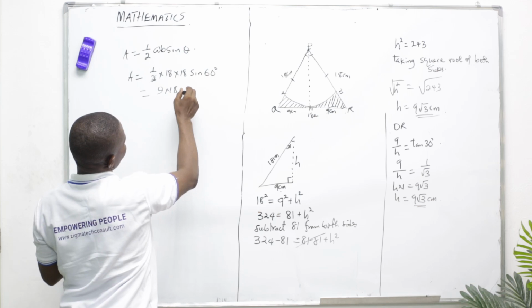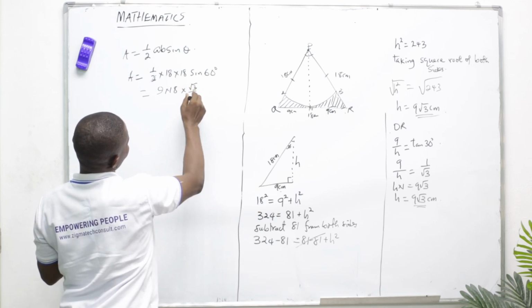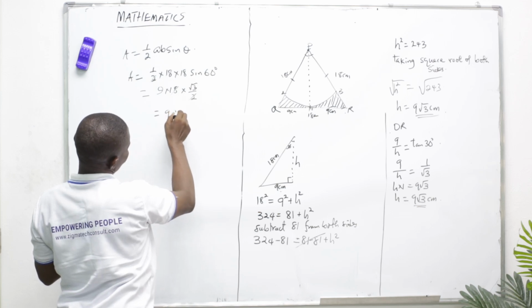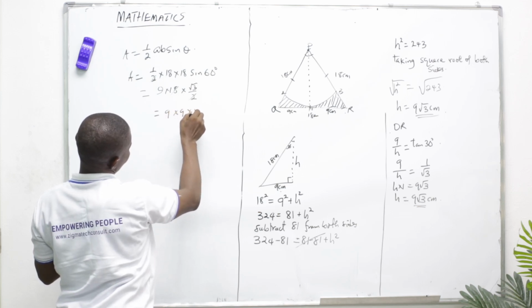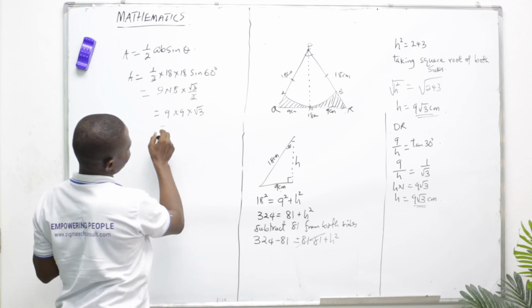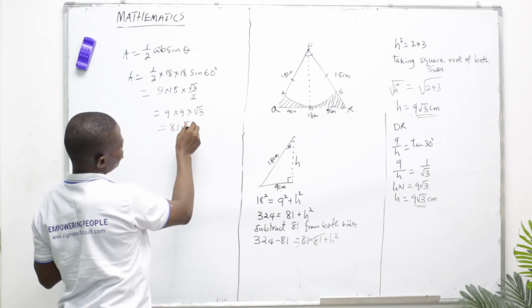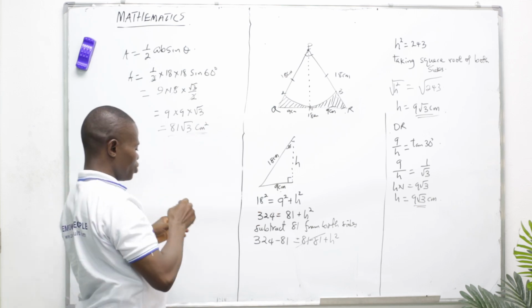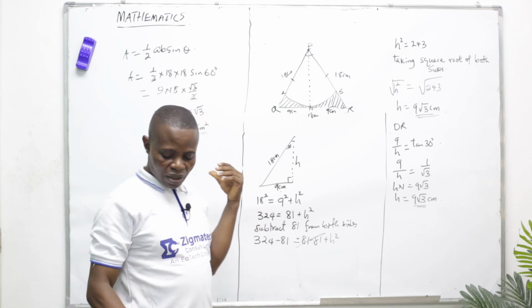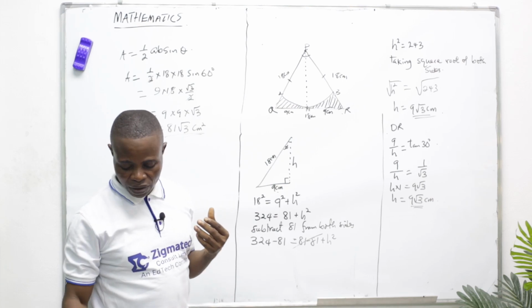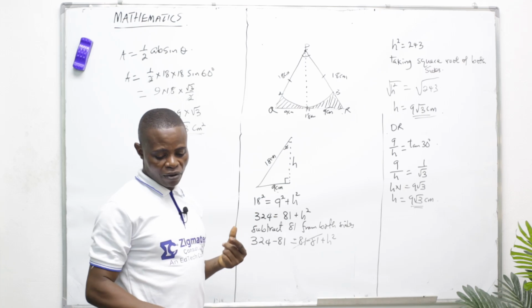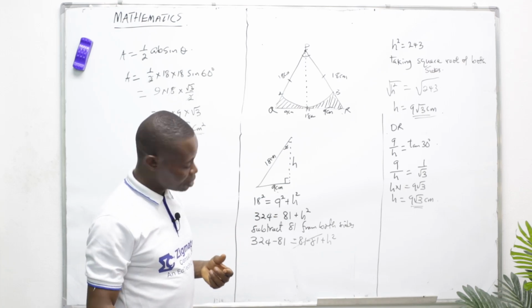Sin 60 degrees means root 3 all over 2. Here, we are going to have 9 times 9 times root 3, which is 81 root 3 cm square. If you so wish, you can leave your answer in surd form.